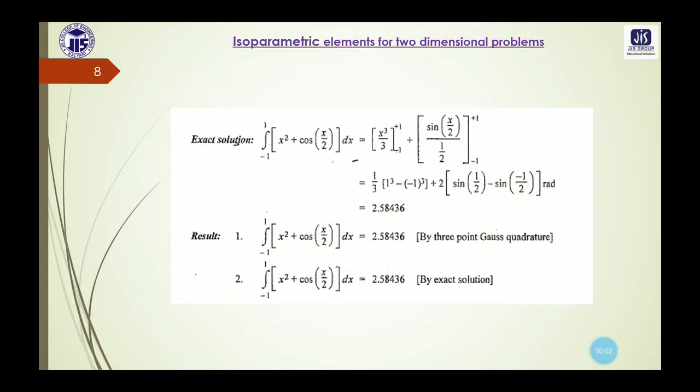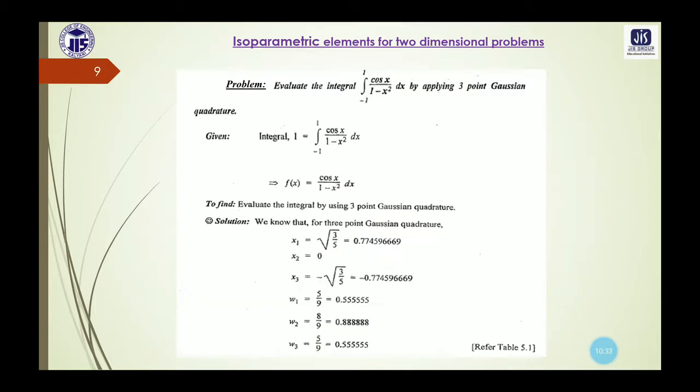So the result of the given numerical using Gaussian quadrature and the exact solution are matching and the same. So this is the procedure by which we have solved the given numerical, and we have also compared the result with the exact solution. Let us move to the next numerical.